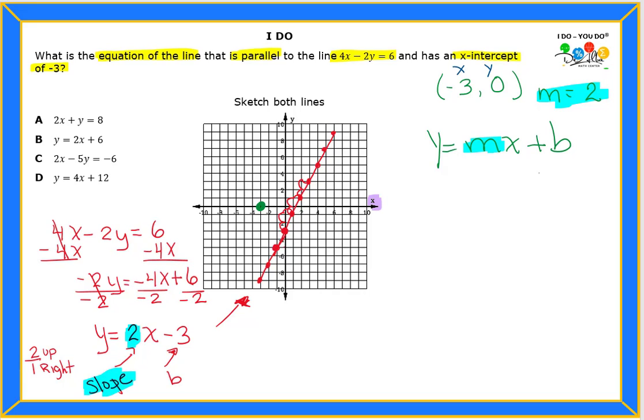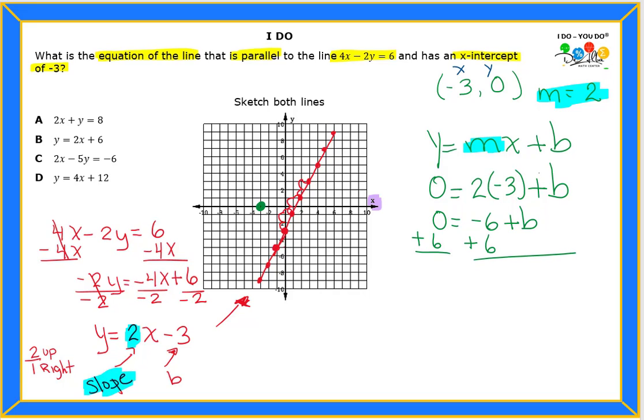The y value is going to be 0, the m is 2, and the x is -3. And of course, we're looking for b. So I have 0 equals -6 plus b, because 2 times -3 is -6. Since I want to leave b by itself, I will add 6 on both sides. And this is how we get 6 equals b. So that means the y-intercept is 6.